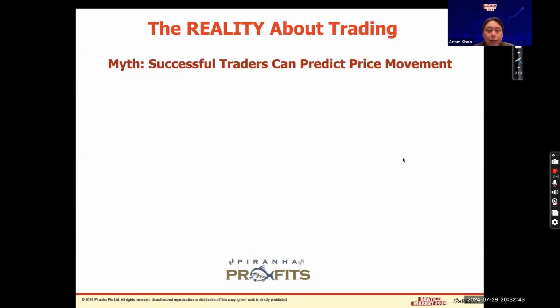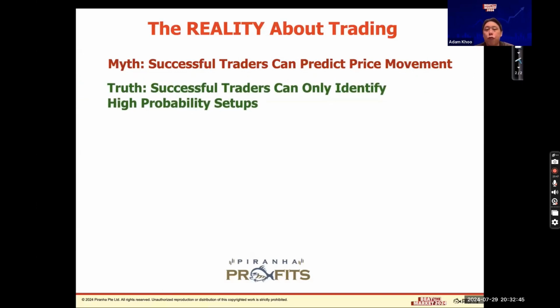So what is the reality? The reality is that successful traders cannot predict the market any better than you can. But what makes them different is that successful traders are able to identify high probability setups. I repeat, they only identify high probability setups, and they are disciplined to only take high probability setups.